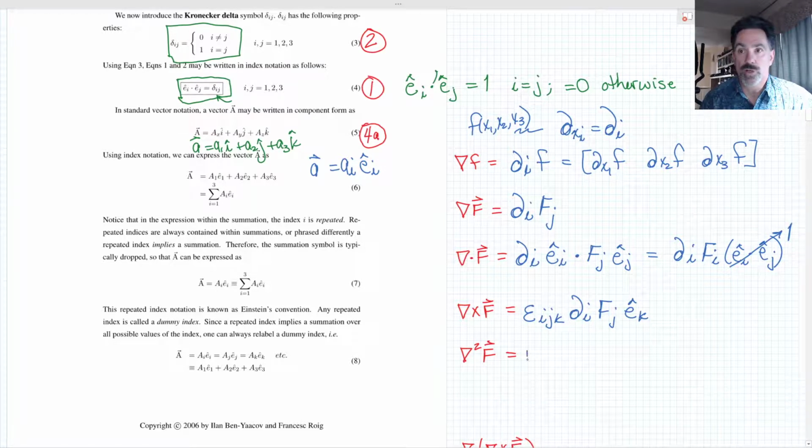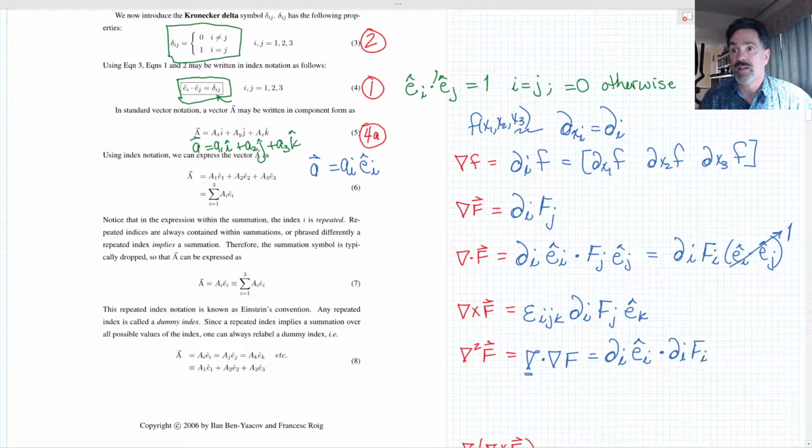This one here again was a homework problem. This is the del operator dotted with the del operator applied to f. And so this thing again is that partial_i e_i, that's the del operator. And then we already know what this gradient is. So that's dotted with this partial_i f_j, sorry, it's my bad.